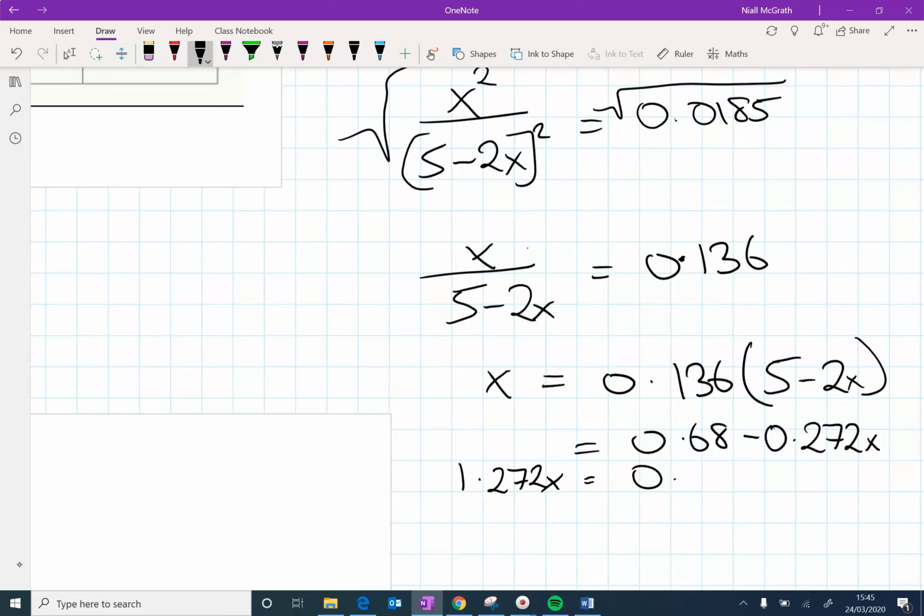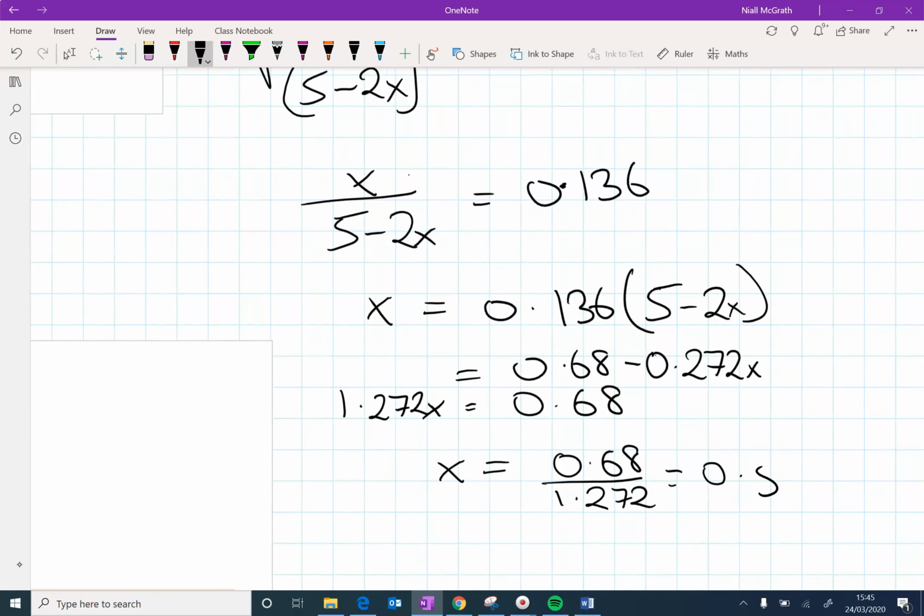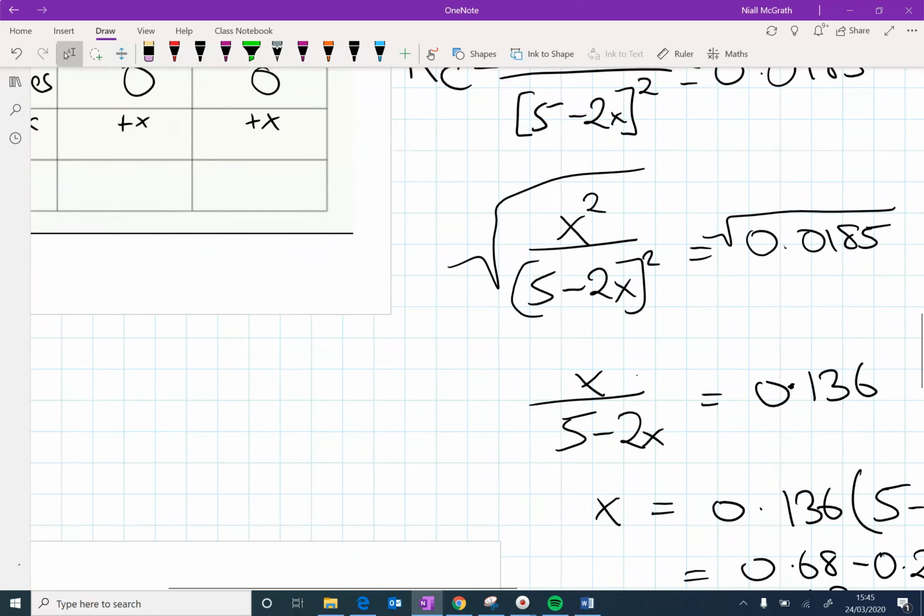That's equal to 0.68. So x is going to be 0.68 divided by 1.272, giving us a value of 0.5346. That is our value for x that we were looking for.